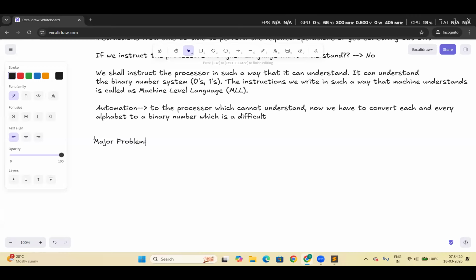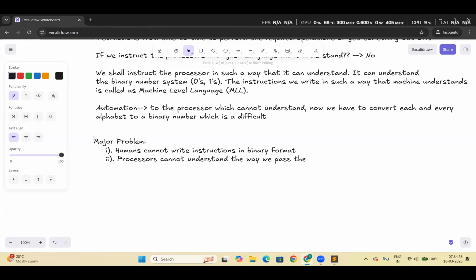The major problem is that humans cannot write instructions in binary format, and processors cannot understand the way we pass the instruction. So what is the thing?